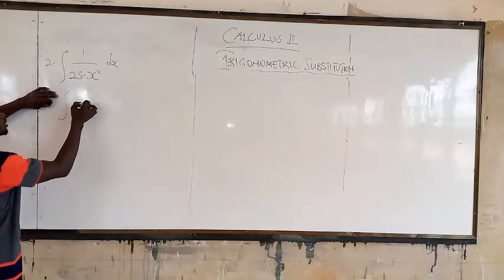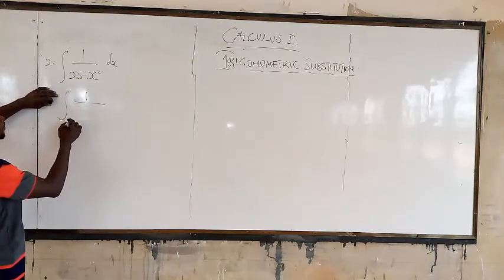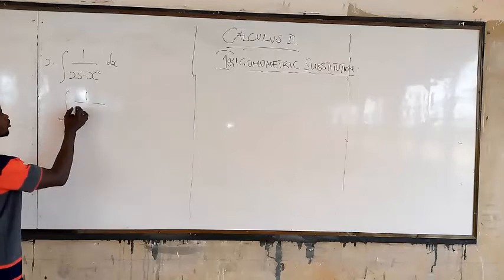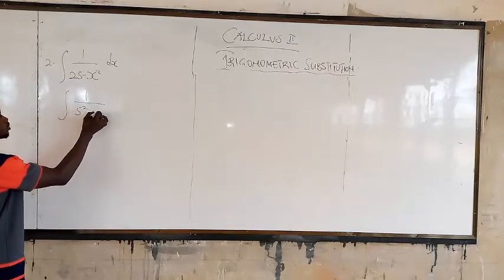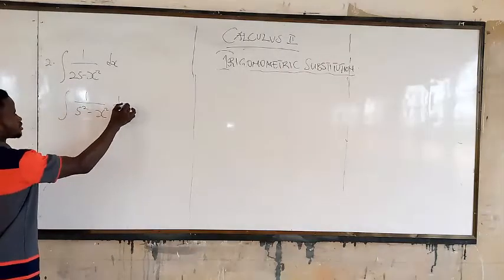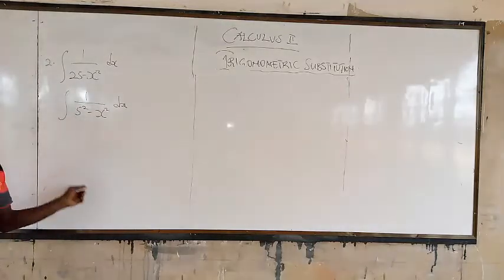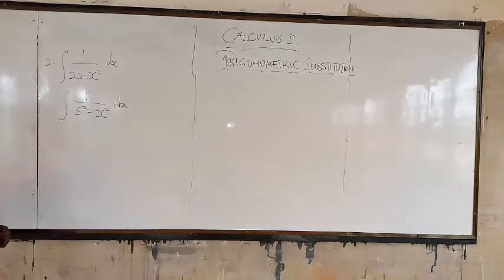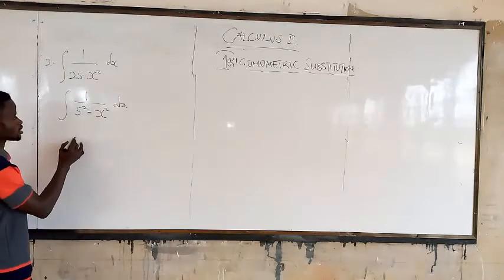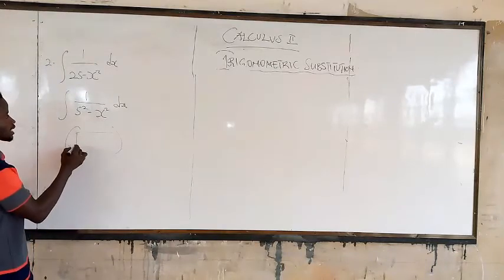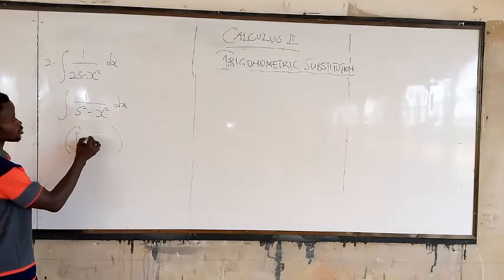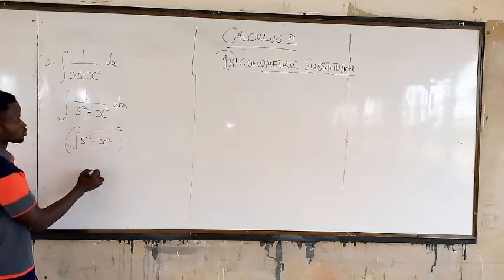So here we get 1 over 5 squared minus s squared ds. So let's just go by what we are doing in inverse trigonometry. Here we transform this by getting it in the form 5 squared minus s squared.